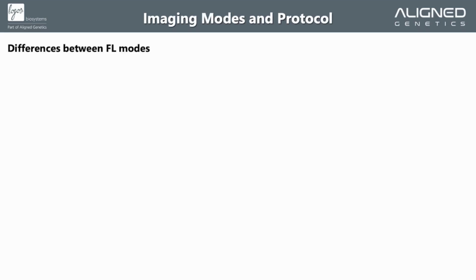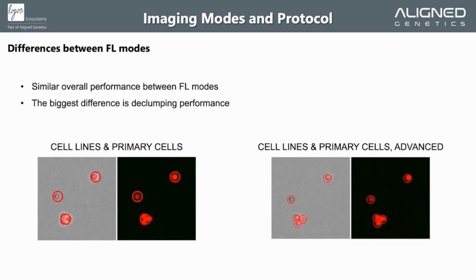In most cases, there are negligible differences between the two modes. However, advanced mode uses an improved algorithm overall, and it enhances cell counting accuracy. The most significant difference in this case is declumping performance. While basic mode may count clumped nuclei as one large object, advanced mode successfully separates clumped nuclei.